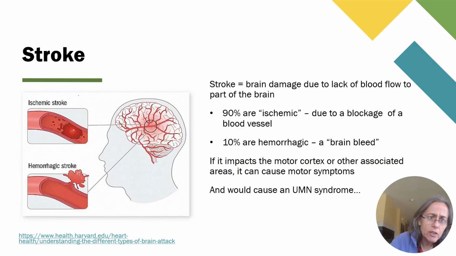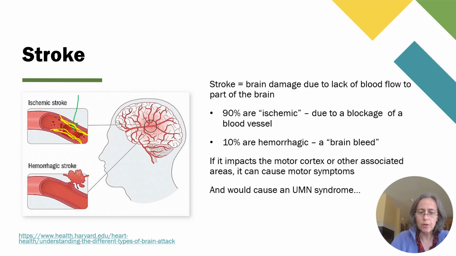So here they're showing you a blood clot that has blocked the lumen, the opening of the tube of this blood vessel, this artery. Now, most of the time, it's not just a clot. Most of the time, there's also a lot of atherosclerosis that has caused a lot of narrowing of the blood vessel already. And then all it takes is a little tiny clot to cut off the blood supply.